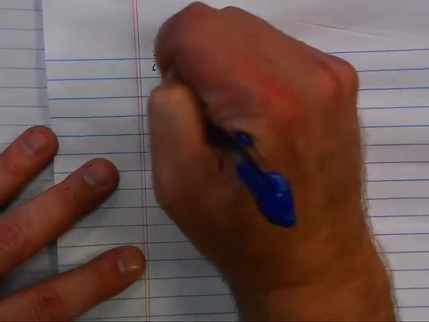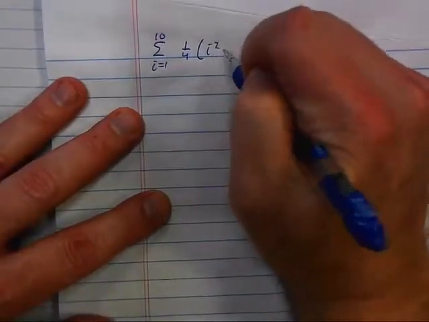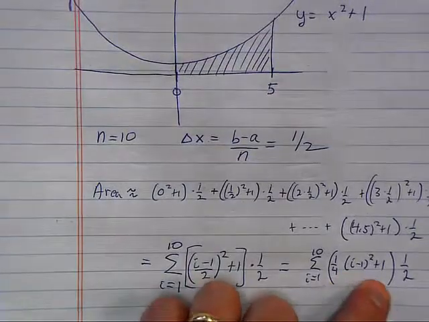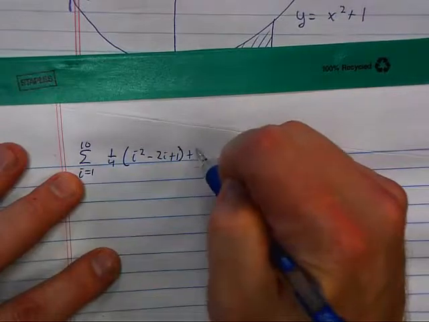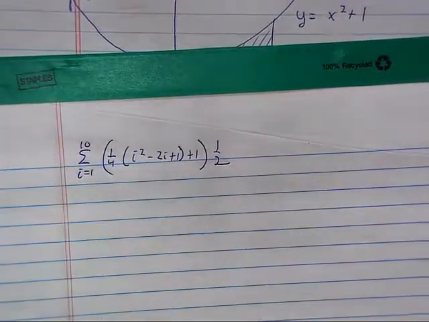All right, so this is going to be the sum, i equals 1 to 10. I still have the 1/4. And then I'm going to have i squared minus 2i plus 1. Correct? Plus 1. And then that's still all times 1/2.